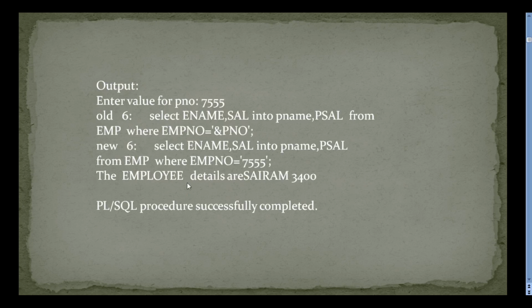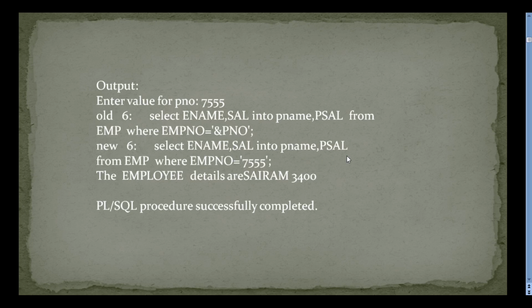Just see this output. When you execute this program in the SQL environment, you get it like this. It prompts: enter a value for PNO. I entered 7555. Select ename and salary of employee 7555 into PNAME and PSAL.